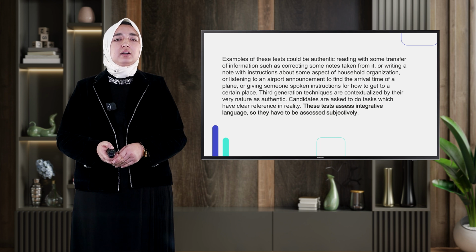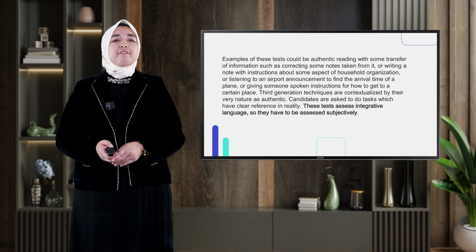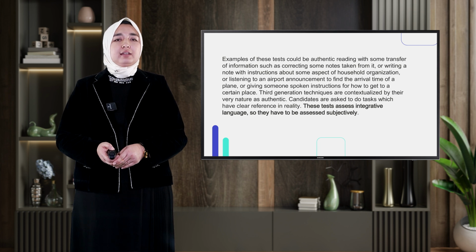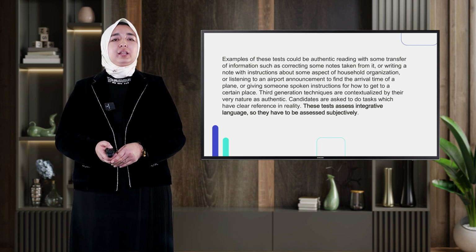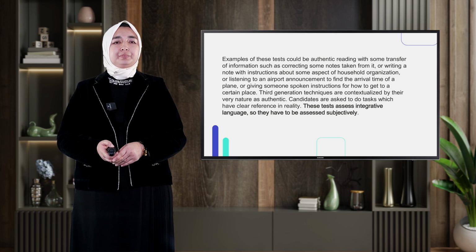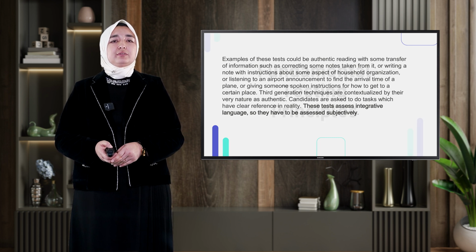Third-generation techniques are contextualized by their very nature as authentic: candidates are asked to do tasks which have a clear reference in reality. These tests assess integrative language, so they have to be assessed subjectively.